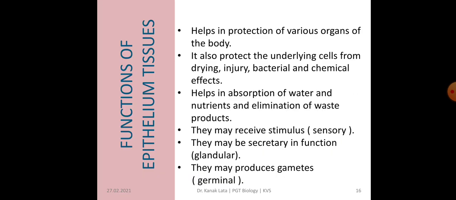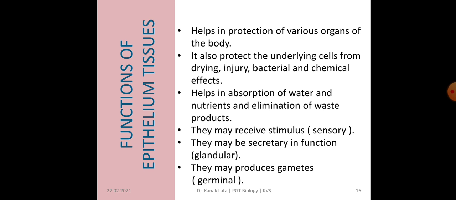Now let us see the functions of epithelial tissues. As it is present on the outer surface, it helps in protection of various organs of the body, and also it protects the underlying cells from drying, injury, bacterial and chemical effects.